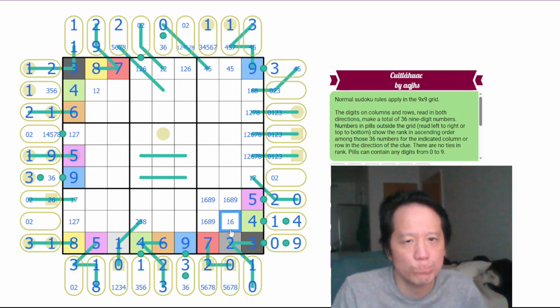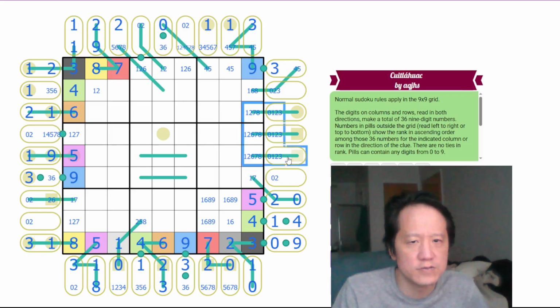Hmm. This is fine. 2 has to be one of these. We only have the 2 defined here.